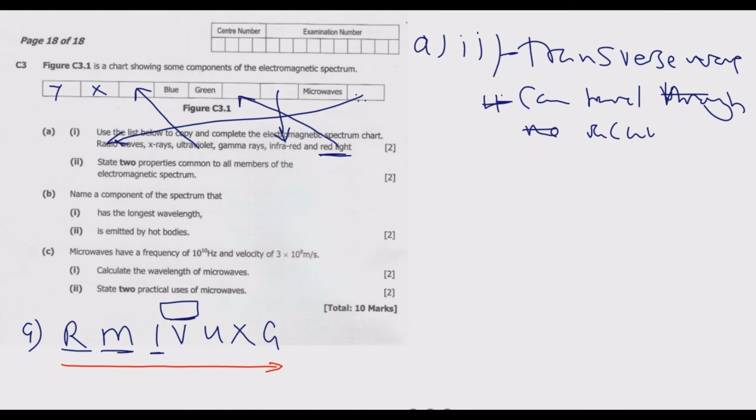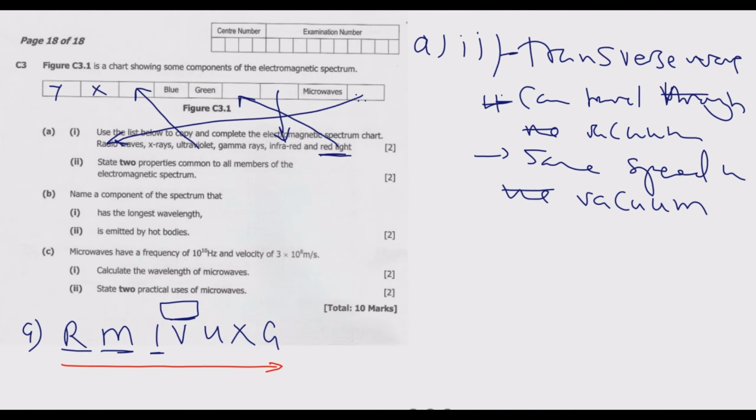Then they all have approximately the same speed in the vacuum, which is about 300 million meters per second.